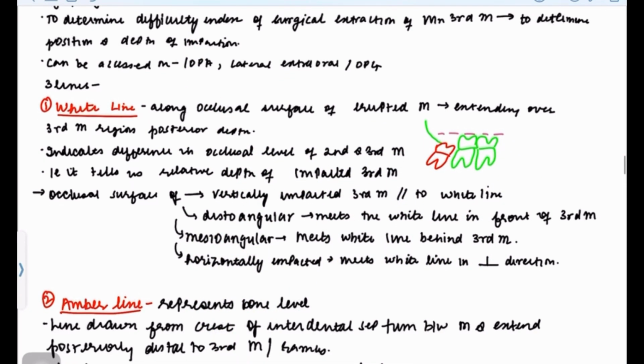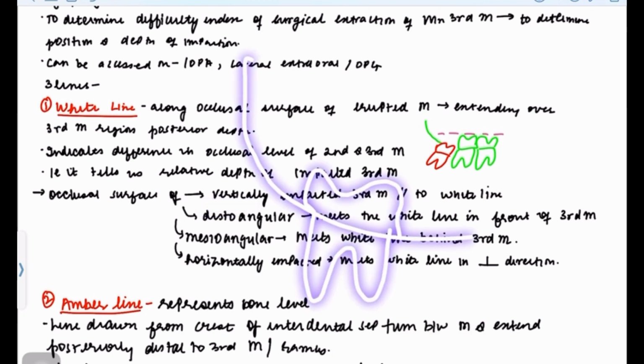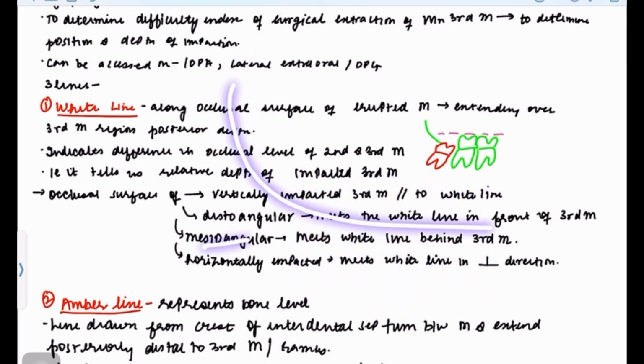Now from this we can draw some inferences. The occlusal surface of a vertically impacted third molar is parallel to the white line. In distoangular, it meets the white line in front of the third molar. So in this we are talking about the occlusal surface. Let's understand this. The vertical one is the simplest. Let me draw this.